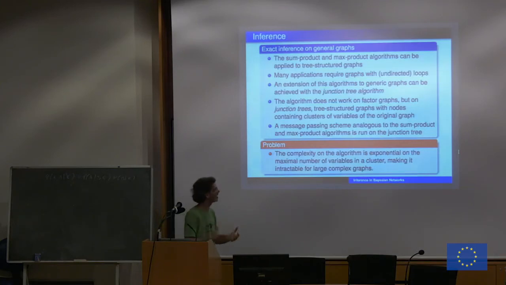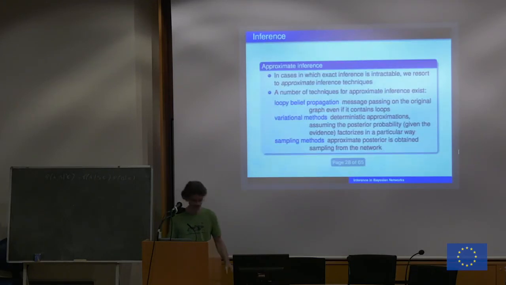So in general, you can do that, but for arbitrary networks, it's not going to work. It works for networks which are not factor trees, but they're not too complex. But for arbitrary networks, there is no way to do efficient exact inference.